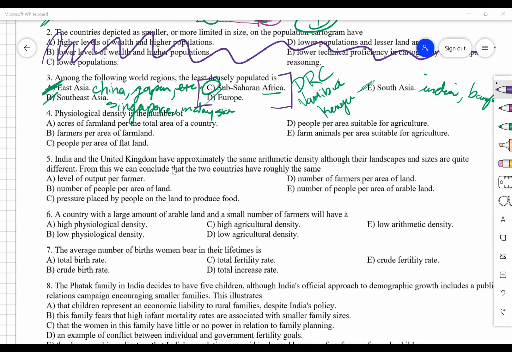Okay. Physiological density. So this is one of the 3 types of density in APHUG. So we learn about physiological, arithmetic, and agricultural density. So there's not really a good abbreviation for this.